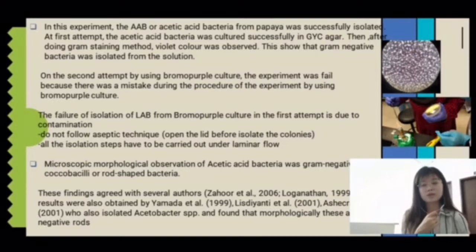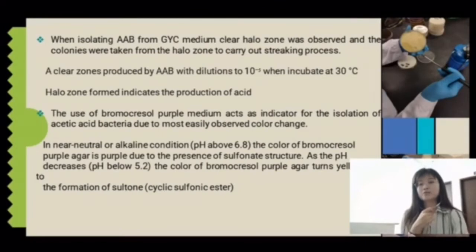This finding also agrees with several other authors such as Yamada and others, who also found that the morphology of acetic acid bacteria is gram-negative with pink colonies. When we isolate the acetic acid bacteria from the GYC media, we can observe a clear zone form.